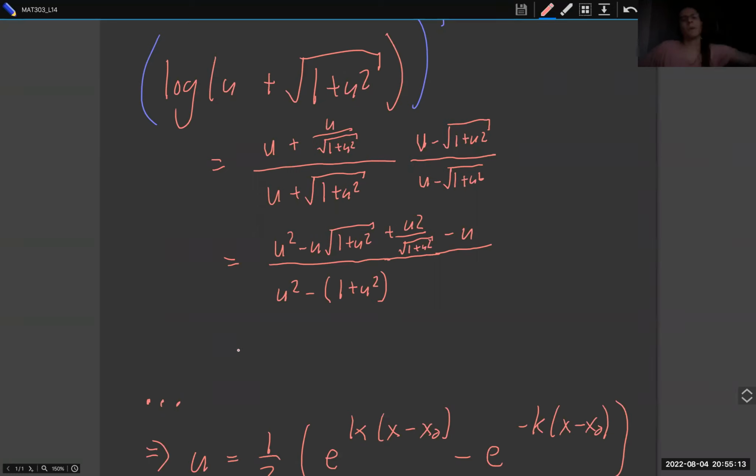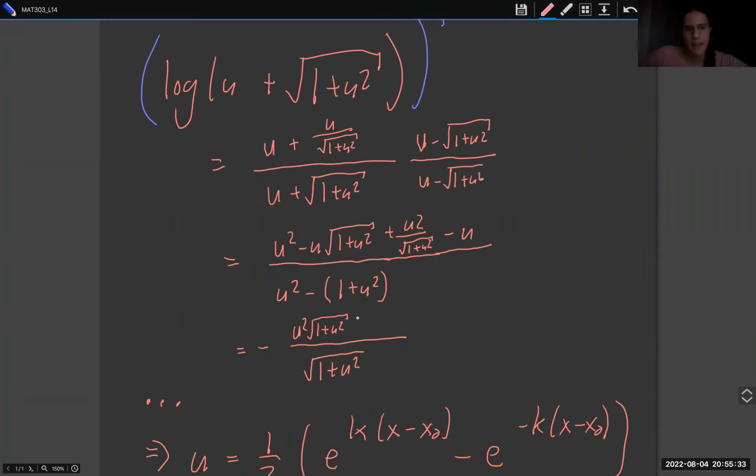Okay, if we bring things to a common denominator, negative over square root 1 plus u squared, which is what we ideally want to have, we get u squared square root 1 plus u squared.